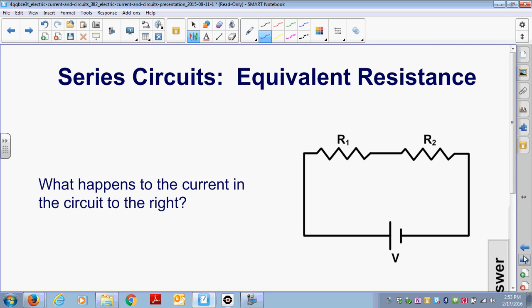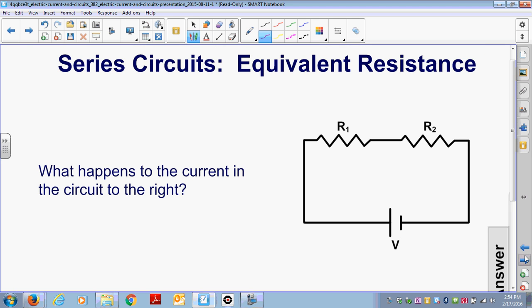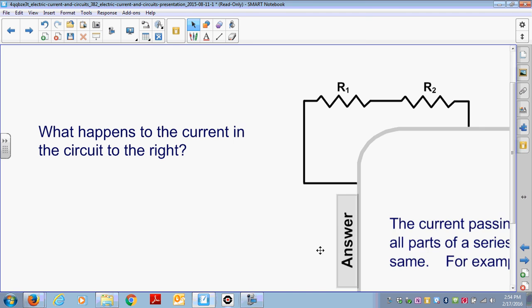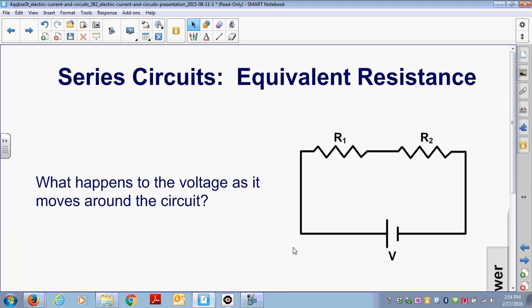What happens to the current in the circuit to the right? Let's see. The current will pass through all parts in a series circuit, so the current through R1 and R2 is going to be equal to I. What happens to the voltage as it moves across the circuit or around the circuit?